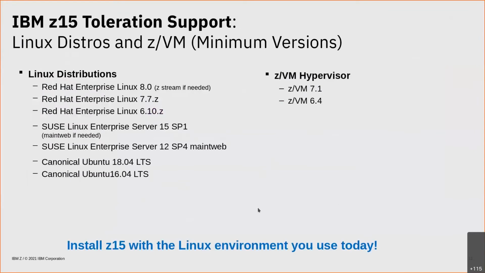Now, summarizing our IBM Z15 toleration support, which applies to both the water-cooled and the air-cooled models, you need to make sure you're running the right Linux distributions. Recall the chart that I showed you at the beginning with the matrix, which was showing you which Linux distribution has support for what hardware level.